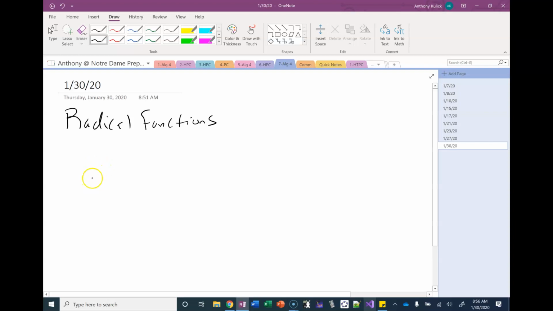So when we talk about radicals, we have square roots, cube roots that you guys are probably familiar with, fourth roots, or really in general, we can talk about nth roots.